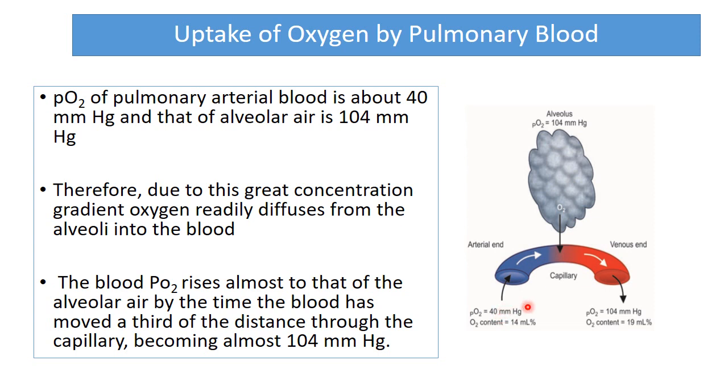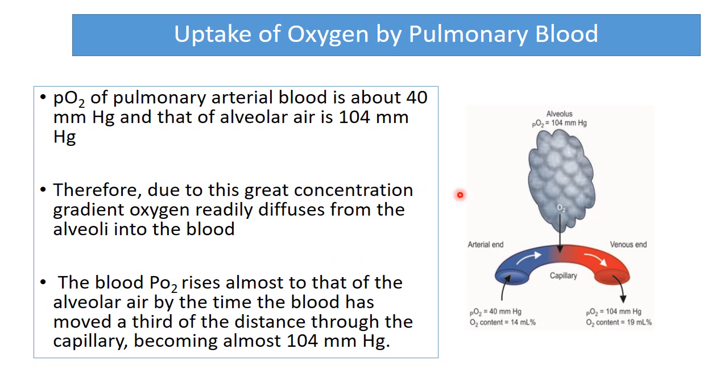Why is it only 40 mmHg? Because a large amount of oxygen was removed or utilized during the circulation through peripheral tissues. So the partial pressure difference across here is 104 minus 40, that is 64 mmHg.